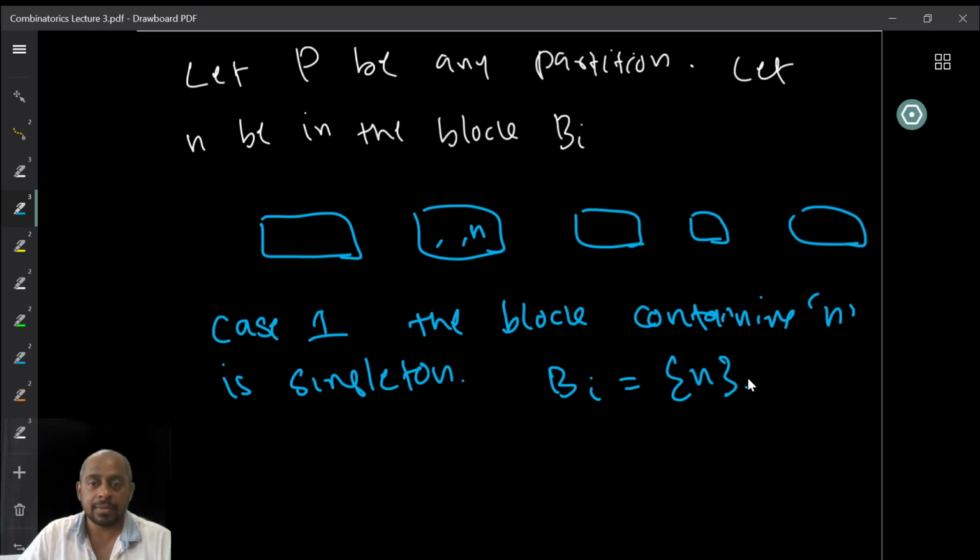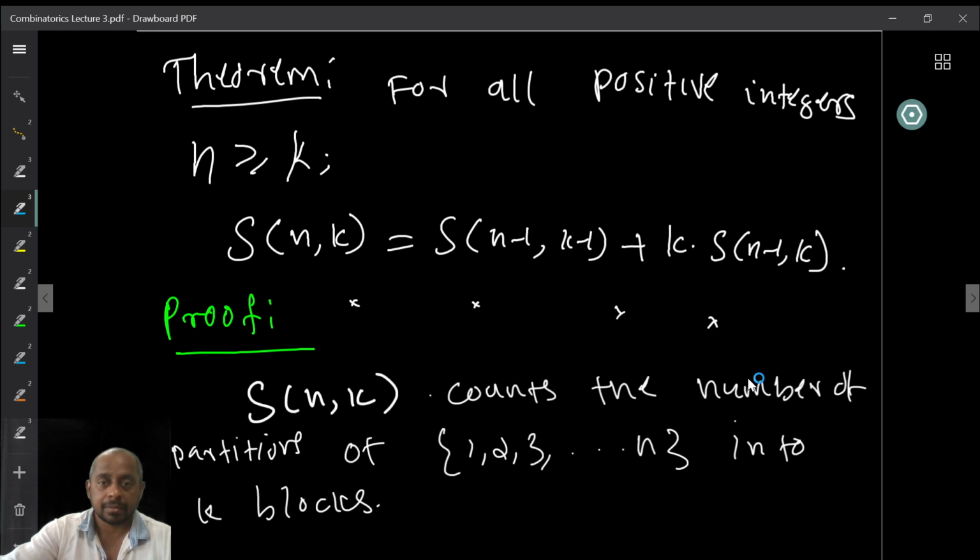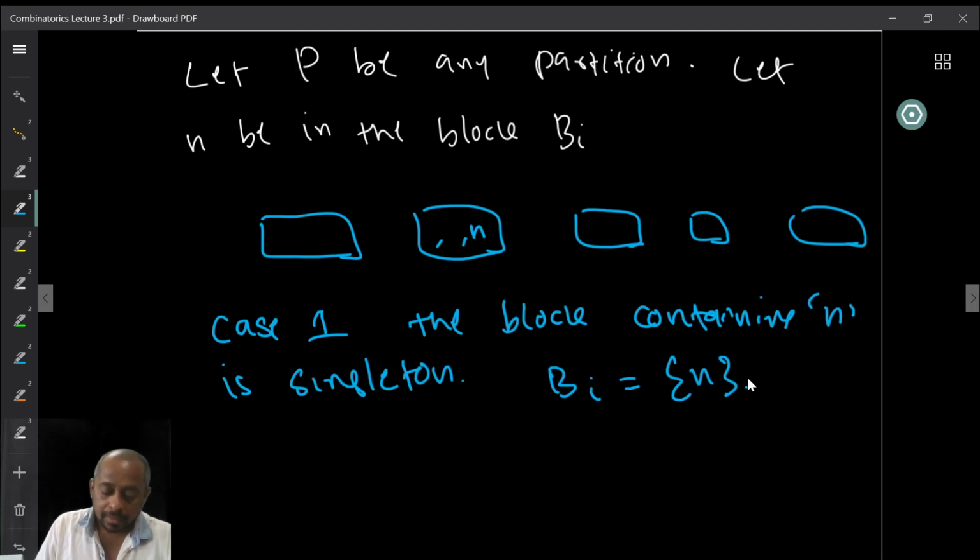So we have k minus 1 blocks, and we have a partition of the n minus 1 element set 1 to n minus 1 into exactly k minus 1 blocks. So therefore, for every partition in which n is a singleton, we have a corresponding partition of the set 1 to n minus 1 in which n is not appearing, and having exactly k minus 1 blocks.